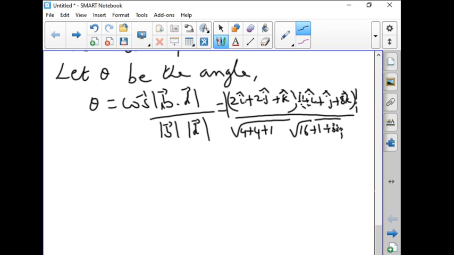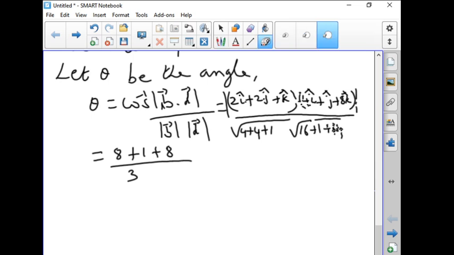So it is equal to, taking the dot product, 2 4s are 8 plus 2 into 1 is 2 plus 1 into 8 is 8, by root 9 which is 3, and this is root 64, 16 plus 64 is 80, plus 1 is 81. So square root of 81, which gives us 9.